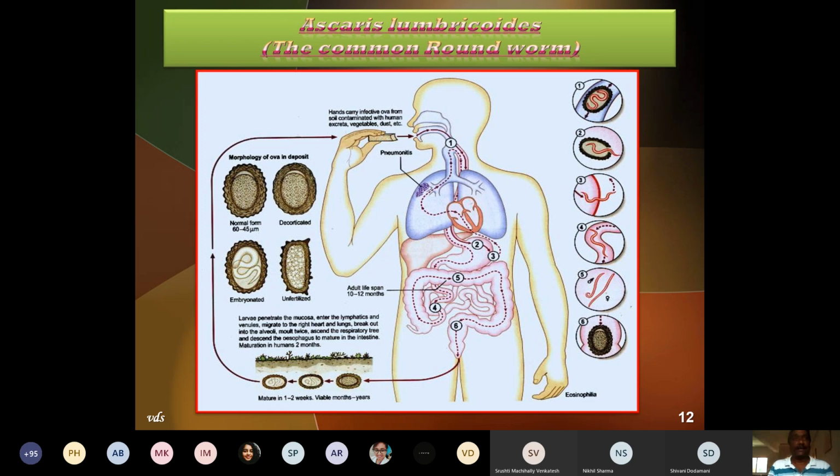In that condition, these larvae may sometimes go to any distant organ, even the kidneys, the brain, the heart muscles. And when the larvae reach these particular organs, this may lead to ectopic ascariasis.